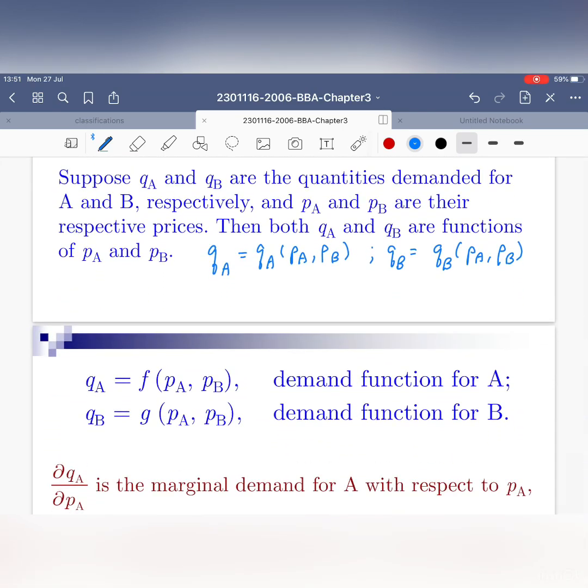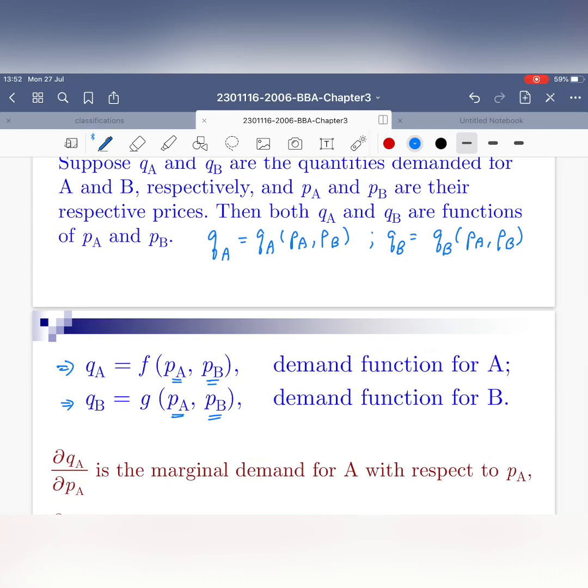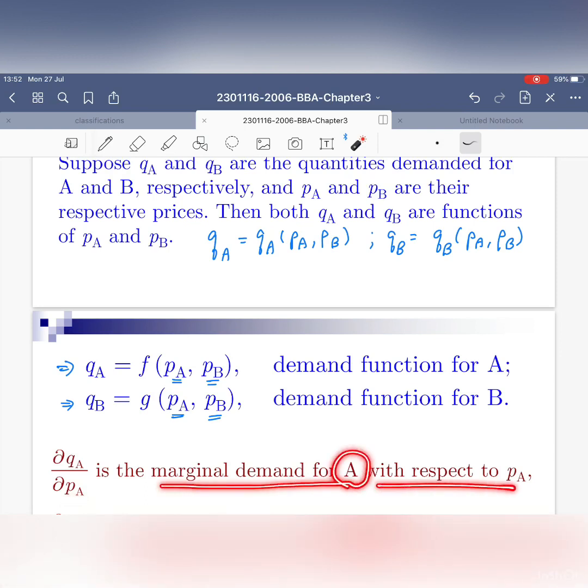So here is the demand in terms of PA and PB, and the demand depends on the two prices. So if you find the derivative of the demand of product A with respect to the price A, it is the marginal demand of A with respect to PA.